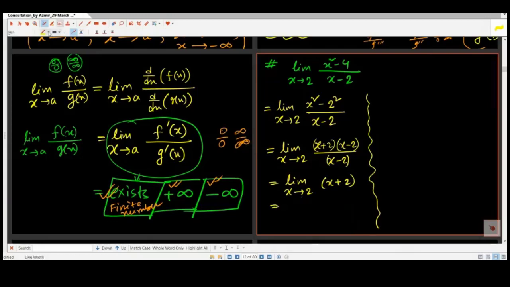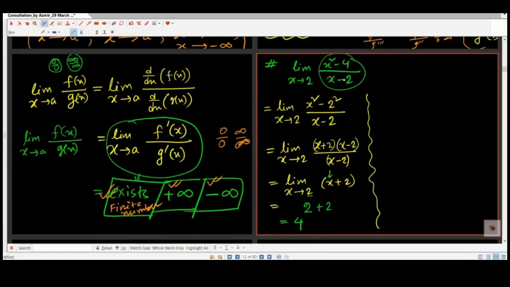Now we can input the value of x where we have x. Let's input 2: 2 plus 2 means we have 4. So the limit of this function when x approaches 2 is equal to 4.